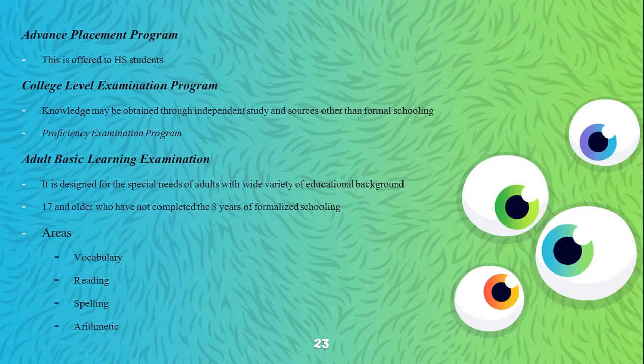Another program designed to assess achievement and skills learned outside the classroom is the proficiency examination program. Next is the Adult Basic Learning Examination, or the ABLE. It is designed for the special needs of adults with a wide variety of educational backgrounds.